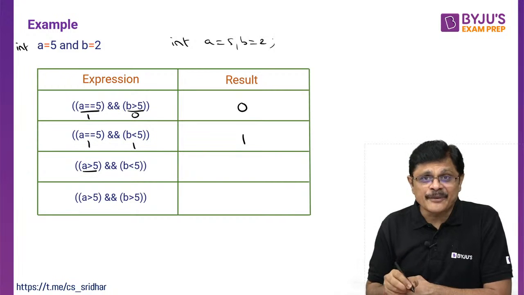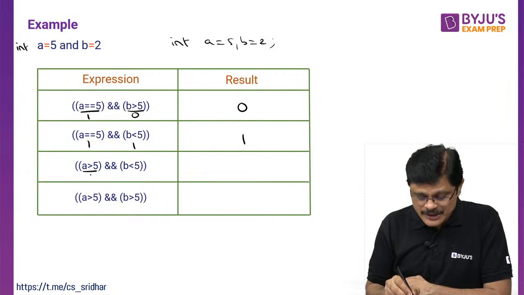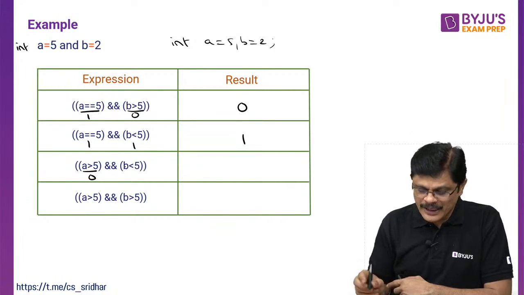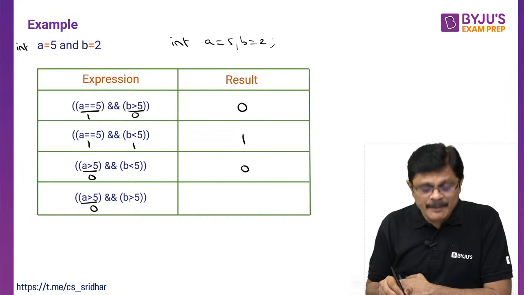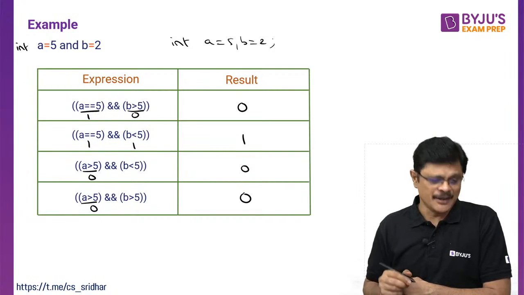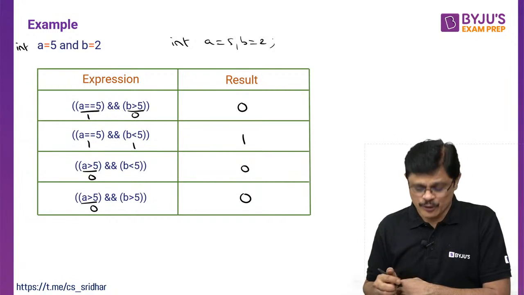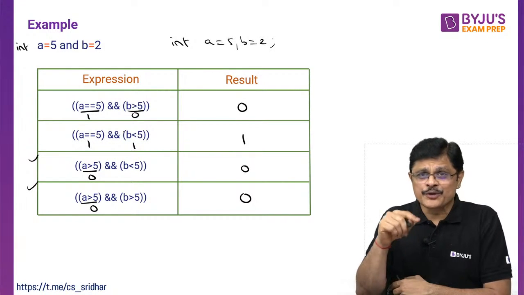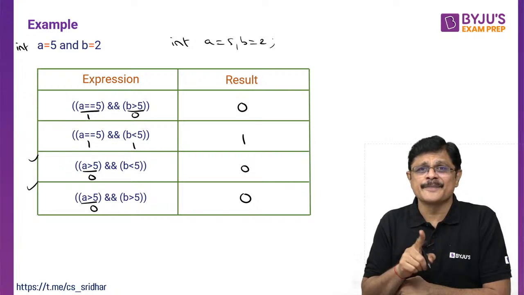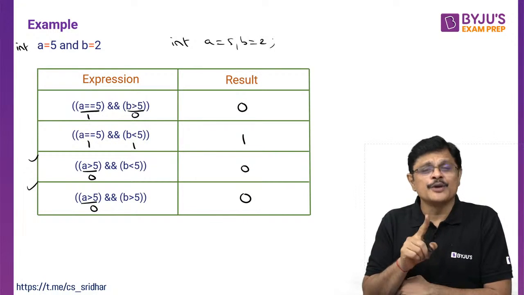A greater than 5 is false. When it is false, we don't have to verify; the answer will be 0. A greater than 5 is false, independent of the right hand side expression, the short circuiting will happen and you get the answer 0. So these two are simple, my dear friends. These we have to verify both. When you are using logical AND, if the first fellow is 1, you have to verify the second one.